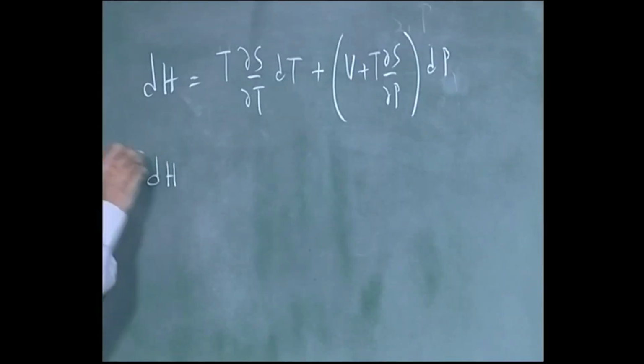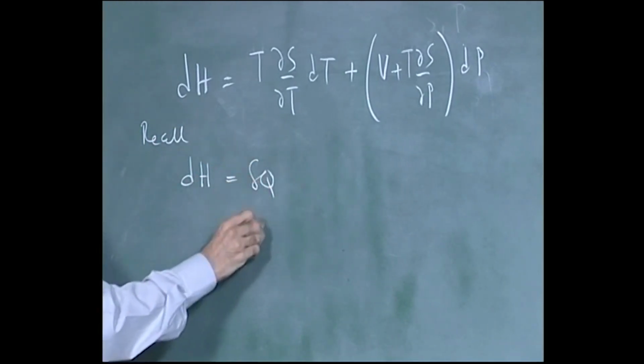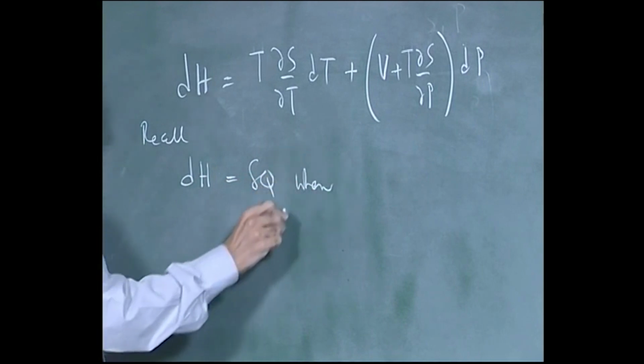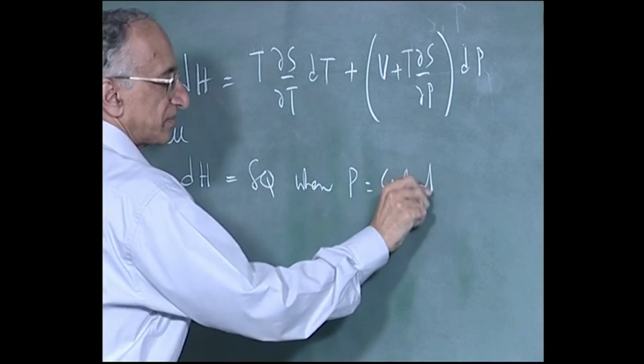I will just go through it. Let us recall that dH is equal to delta Q when P is equal to constant.